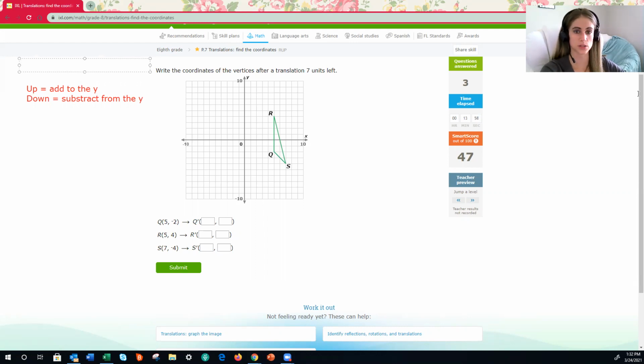If it says to the right, you add to the X. Left means you subtract from the X. I spelled subtract wrong down below, didn't I? Good grief, I can't type today.